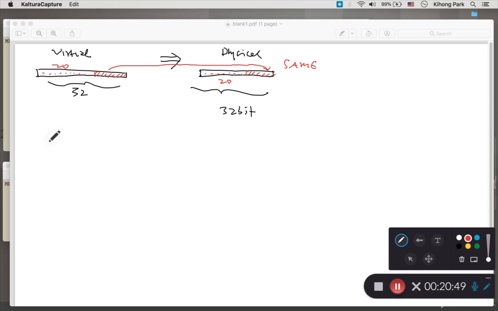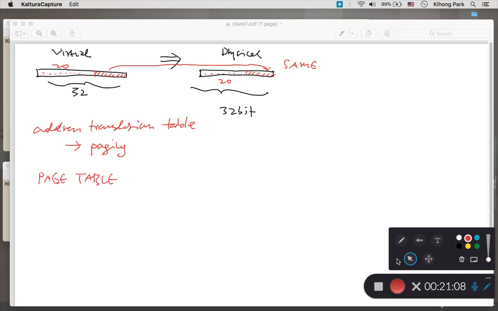And so, when we talk about our address translation table, which under paging, so using pages, we call generically a page table, inside this page table, the content, that is, what bits get translated to what bits, is 20 bits mapped to a different 20 bits, because it's only these 20 bits that we need to translate.